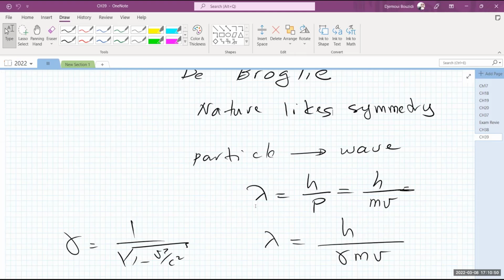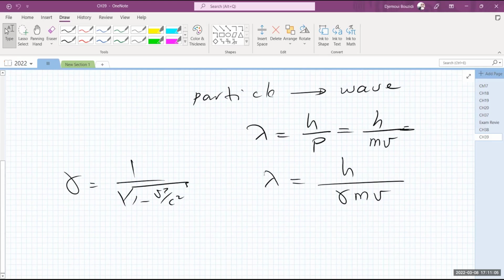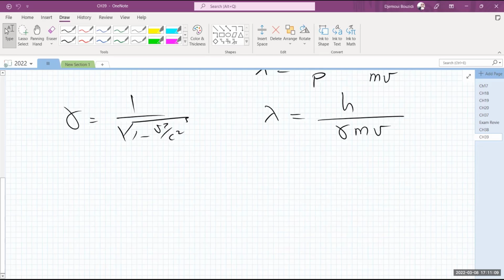We should be able to find its wavelength if I know its momentum. If I know how fast the particle is moving, then all I have to do is divide h by mv, and I'm done. I have a wavelength. So I definitely have some quantity for it now. He published this and was done with it.